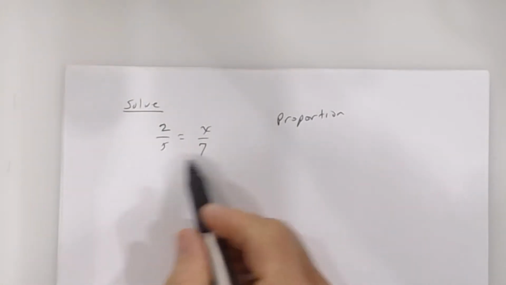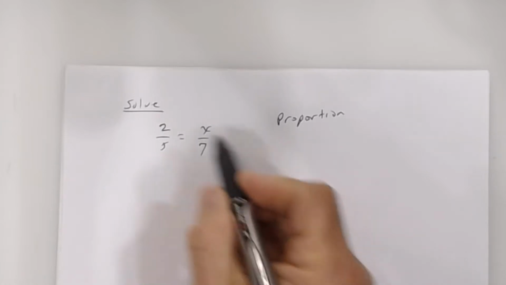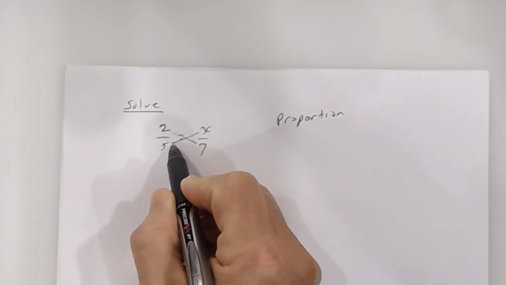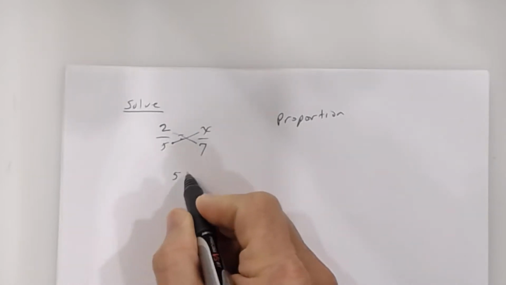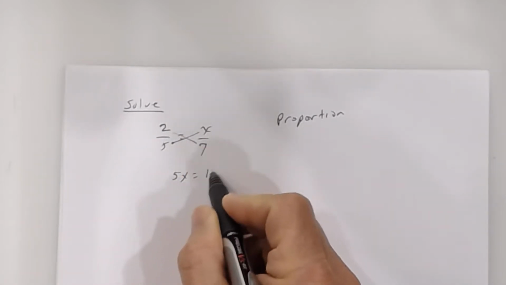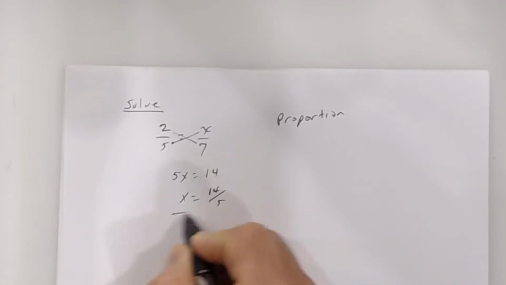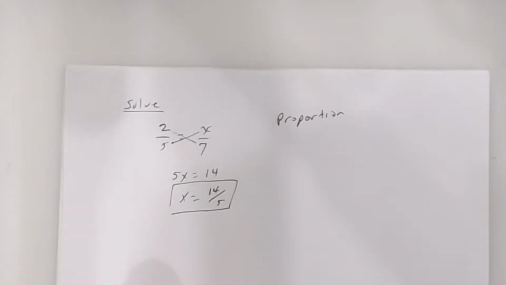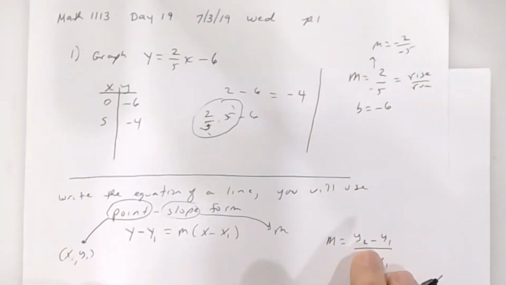So you can use either the LCD, multiply both sides by 35, or you can just cross multiply. 5 times x, 7 times 2, so what's x? 14 over 5, right?